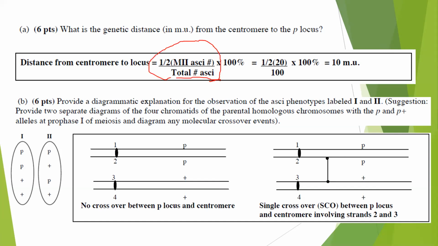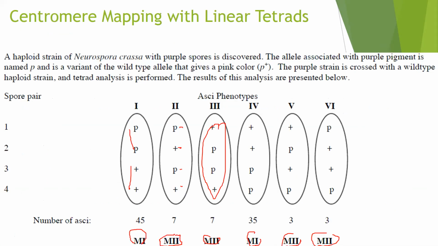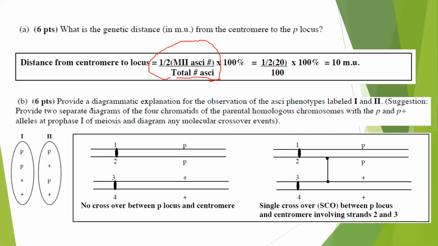The total number of asci here, those are the total number. In the progeny, you're going to see 45 asci carrying this genotype, and 7 carrying this genotype, and another 7 carrying this genotype, and so on. That's the total number. You just add up those numbers, and that gives you the denominator, 100.